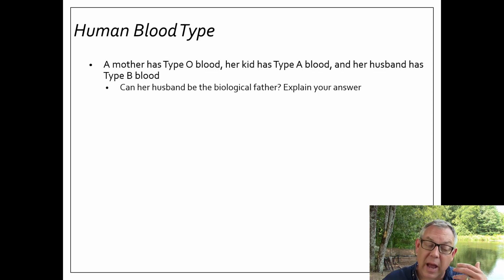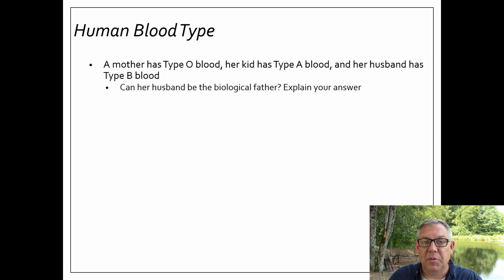So how can you have type A blood if one of the alleles is that lowercase i? The other one has to be the A allele. So you know the kid's genotype. He's heterozygous, A with lowercase i. And you know he got the lowercase i from his mom, so he had to get that uppercase A allele from his dad.